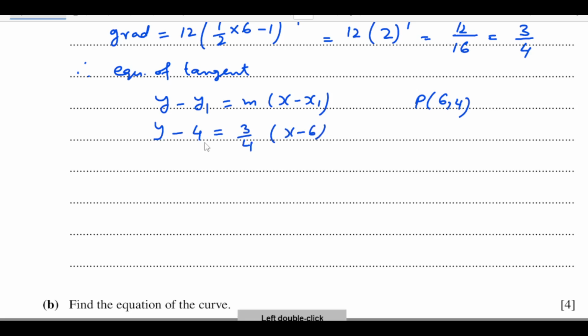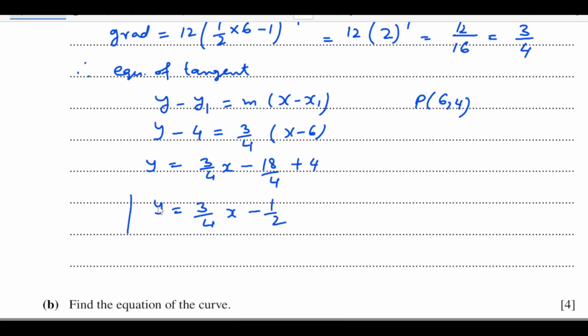You can leave it like this, or you can transform it: the 4 can go to the other side. Expanding the bracket first, 3 over 4 times 6 is 18 over 4, negative sign, then plus 4. So it will be y equals 3 over 4 x minus, when you solve this, it comes out to be half.